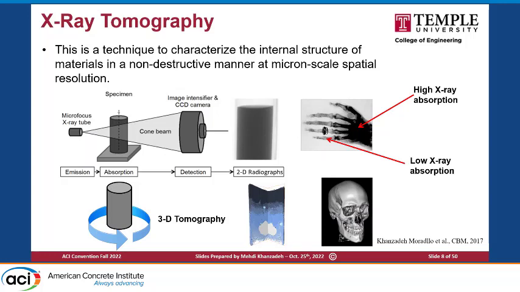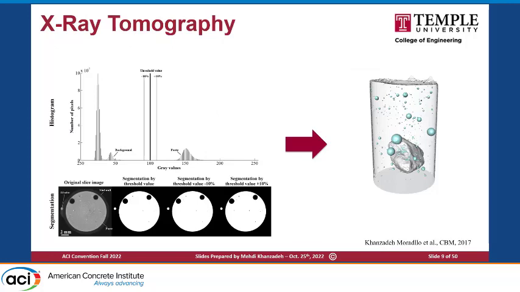If we do just radiography, as shown in the top images, similar to taking a radiograph of any part of your body, the darker area shows higher X-ray absorption and the lighter area shows low X-ray absorption. If we rotate the sample and take images from different angles, we get a 3D image, similar to the CT scan you get of your skull.